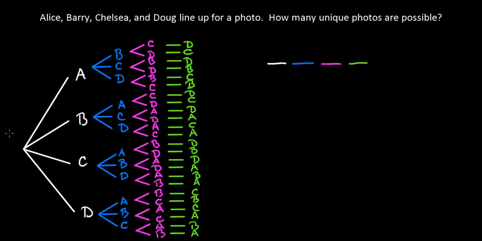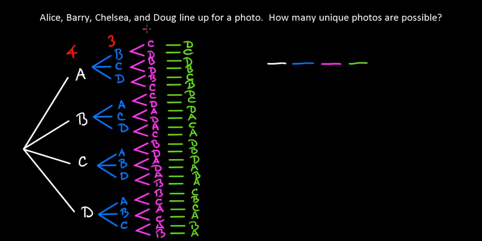There's our tree diagram, and I'm sure you've noticed that we start off with 4 branches, corresponding, of course, to the 4 possible people we could pick in that leftmost position. And then what happens when we go to the second choice, each of those branches, of course, triples. And that corresponds to 3 people that we have for our second blue position.